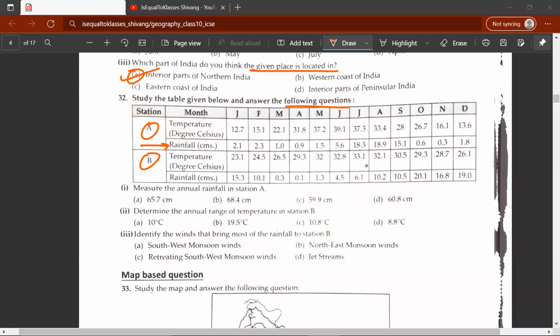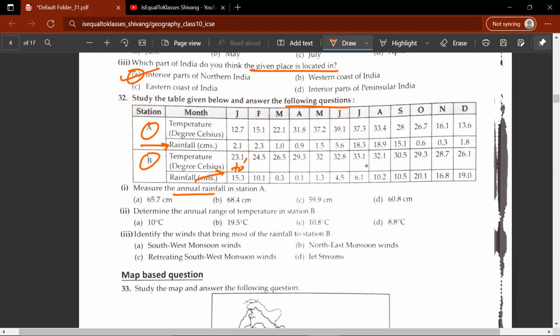Annual rainfall means total rainfall. Okay, so moving on then, station A. Just calculate this whole total of the rainfall, and once you add these annual rainfall in centimeters, you would get the answer as B. One would be B, 68.4 centimeters.